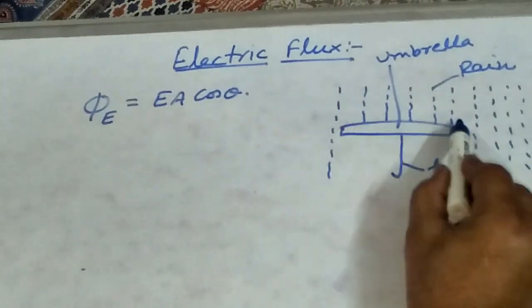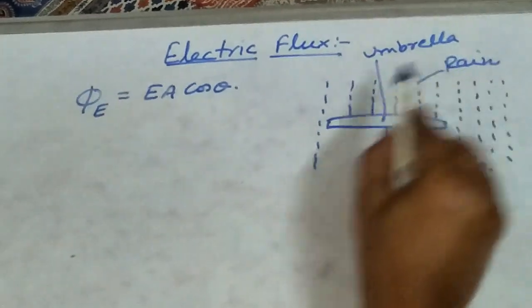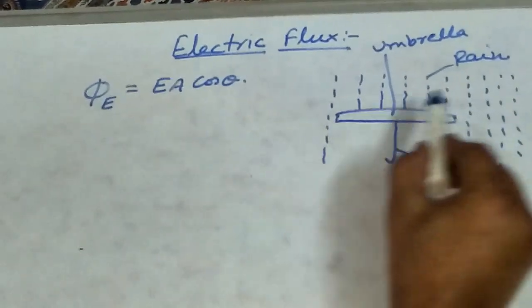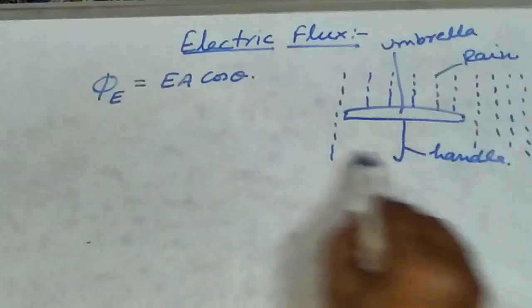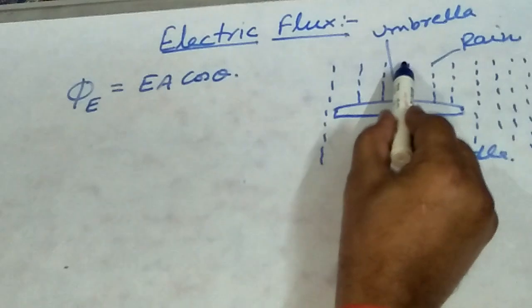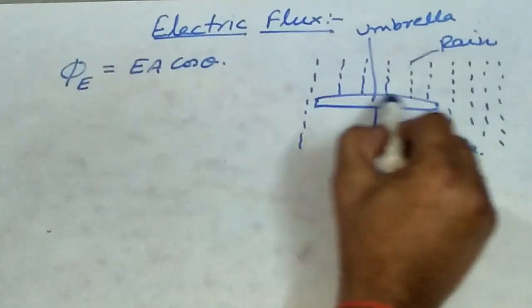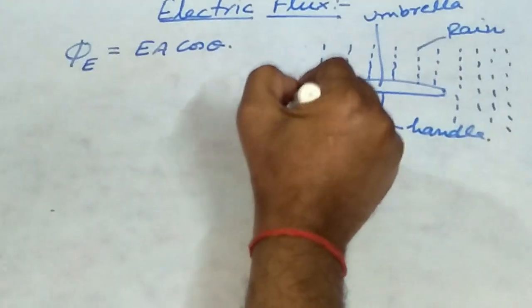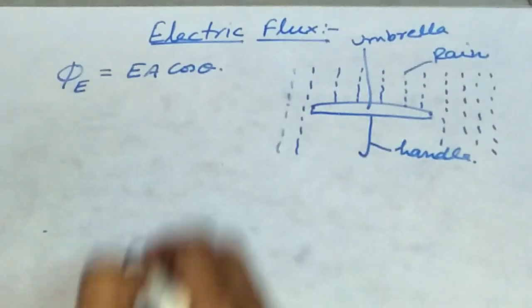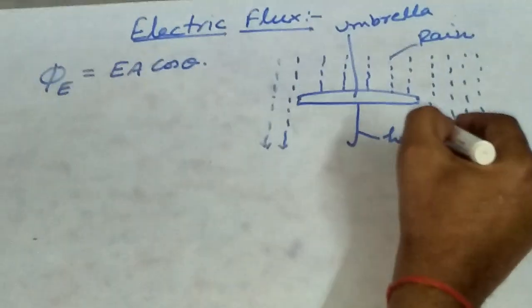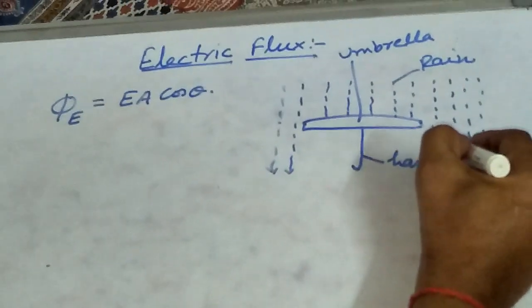In this example, suppose in the rainy season, during the rain, an umbrella is held in the rain. Some raindrops will fall on the surface of the umbrella and some will go out. Suppose this one is a raindrop. So the raindrops will act as the electric field.